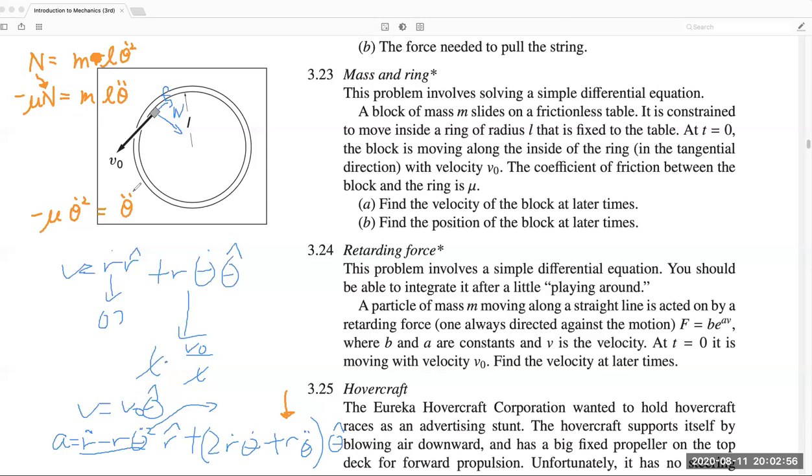Do you know how to solve this equation? Yeah, I can.